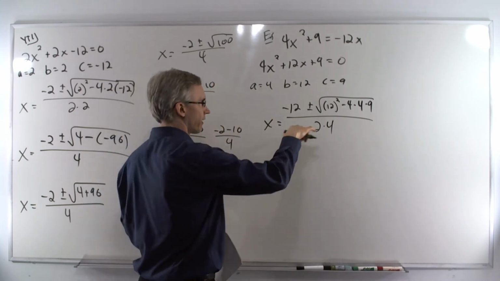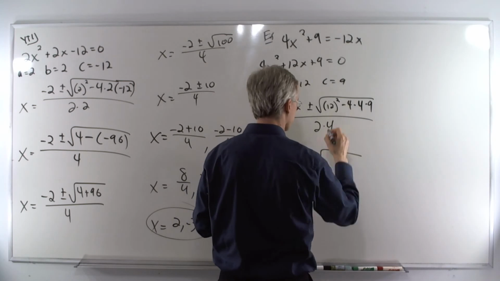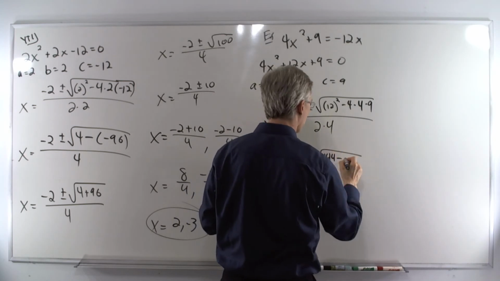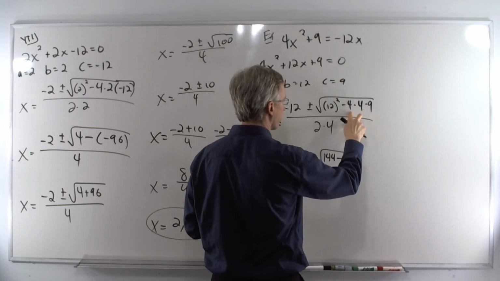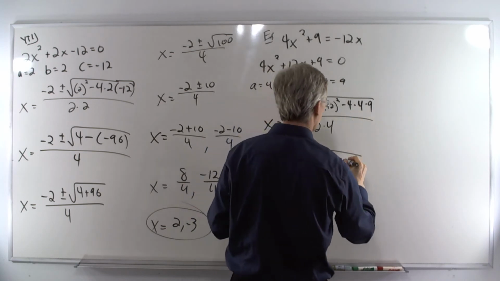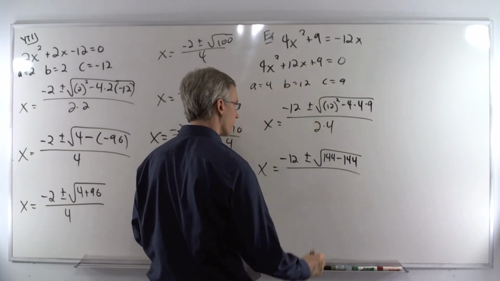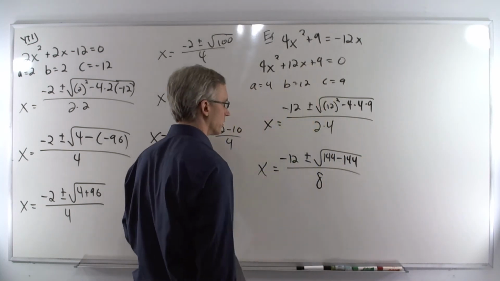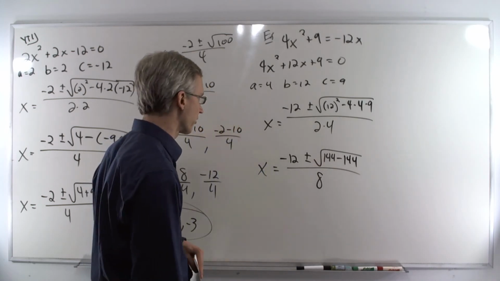Next up, we're going to simplify underneath the radicals. So we have negative 12 plus or minus the square root of 12 squared is 144 minus 4 times 9 is 36 times 4 is 144. So we got 144 minus 144 over 8. So this is going to be 0 here. The square root of 0 is 0. So that goes away.